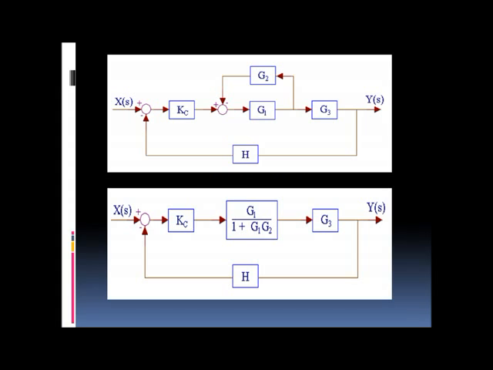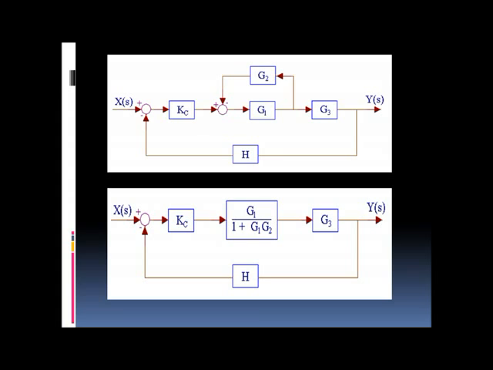We are now looking at problem 2. As you can see, this is a little simpler than the previous one. The first thing they're doing here is eliminating the feedback, that is G1 and G2 together form a feedback loop which can be eliminated. Once they eliminate it, we find that the blocks KC and G3 can be cascaded with the block G1 by 1 plus G1 G2.